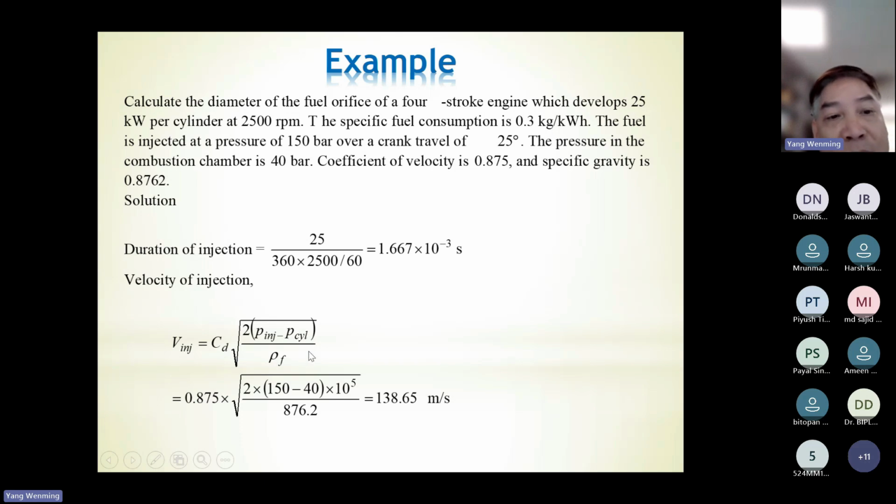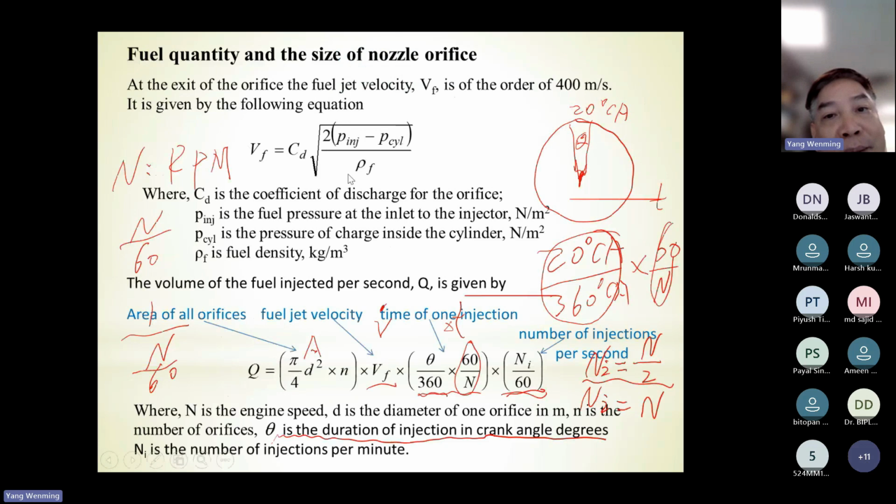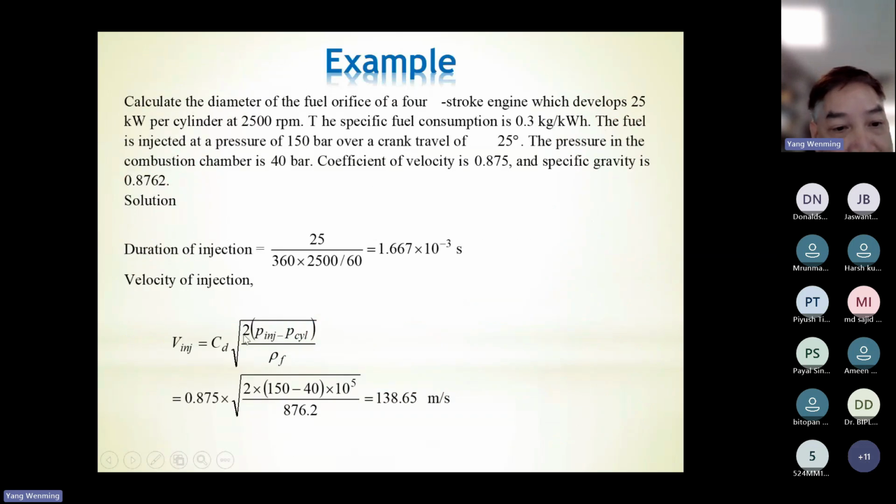Next is the velocity of injection. We can directly use this equation. CD is given as 0.875, the injection pressure is 150 bar, and the in-cylinder pressure is 40 bar, correct? Again, we should be careful here. We should change into standard units. The standard unit is Pascal, not bar.